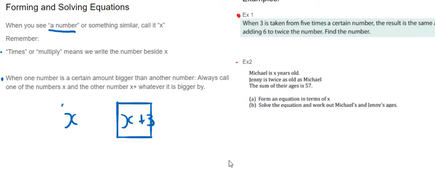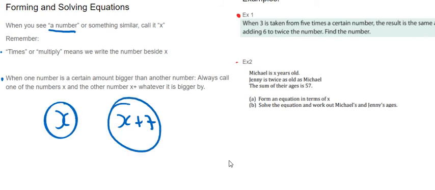Those would be my two numbers. Or if one number is 7 bigger than another number, you call the first number x, and the second number x plus 7, which is the number that's 7 bigger than it.